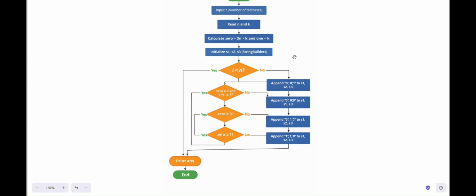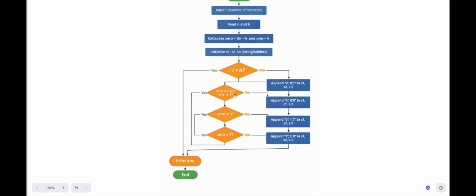We will create three string builders s1, s2, and s3 to represent three parts of a. Since we will be dividing a into three parts, we will take three string builders s1, s2, and s3, and we will add ones and zeros accordingly. Now we will run a loop from i equal to 0 to i equal to n minus 1, and we will check these conditions.